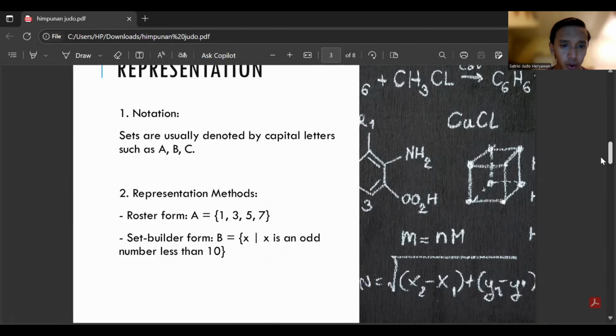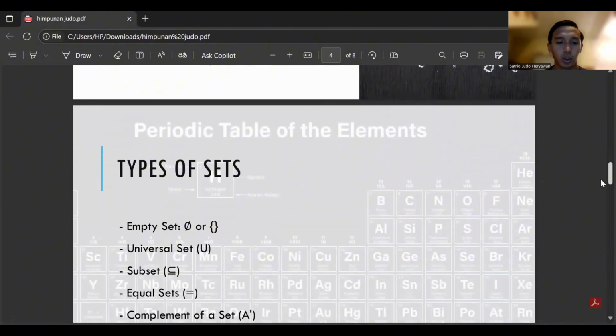The last one, set builder form: B equals x such that x is an odd number less than 10.